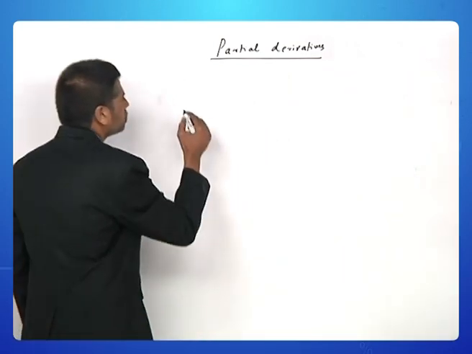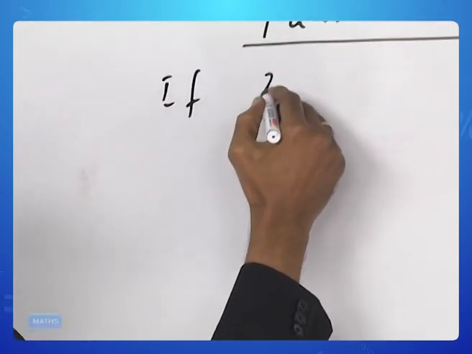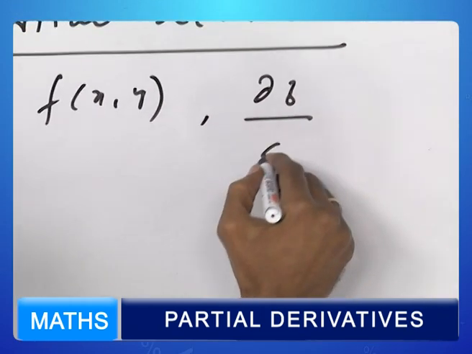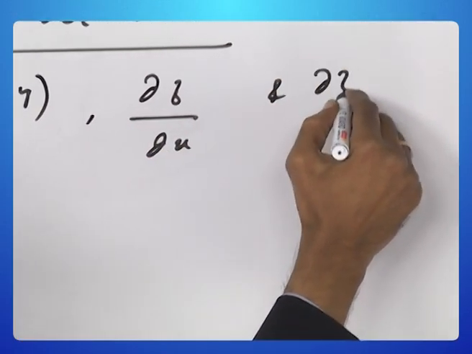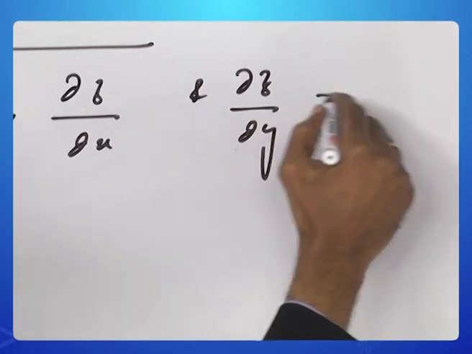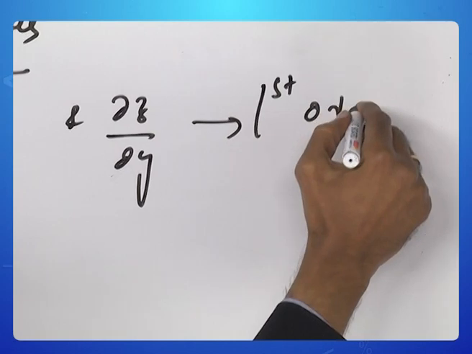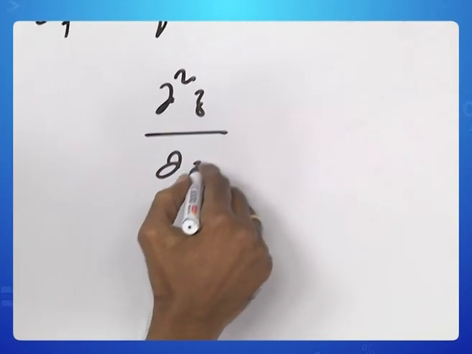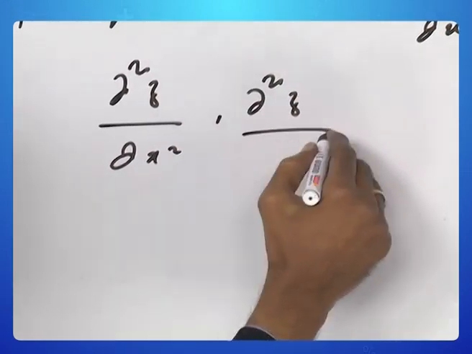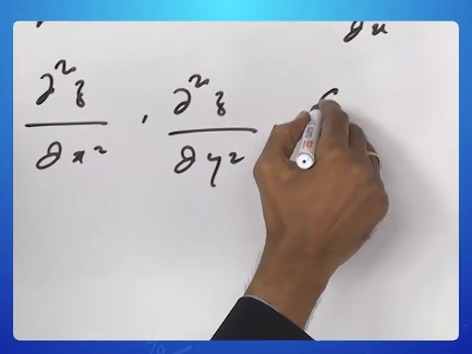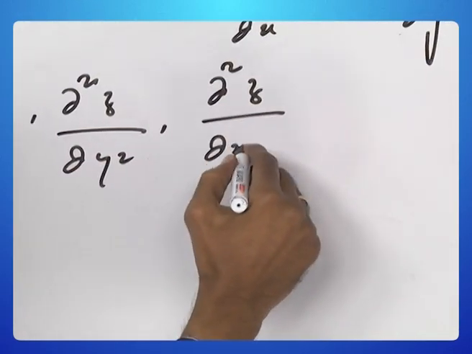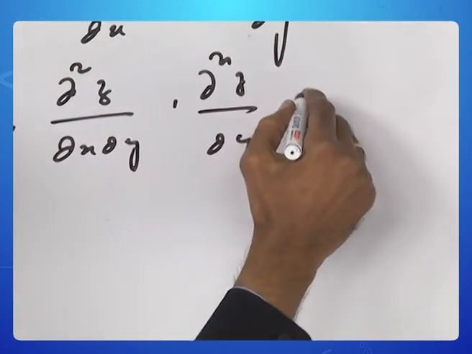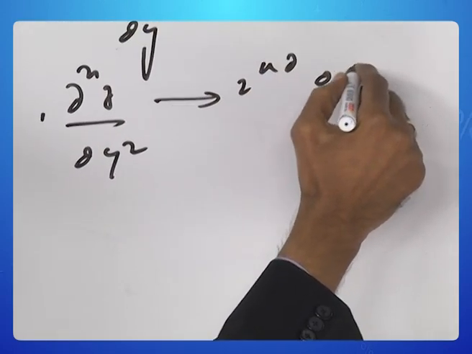Basically, if z is a function of x and y, ∂z/∂x and ∂z/∂y are first order partial derivatives. ∂²z/∂x², ∂²z/∂y², ∂²z/∂x∂y, ∂²z/∂y² are second order partial derivatives.